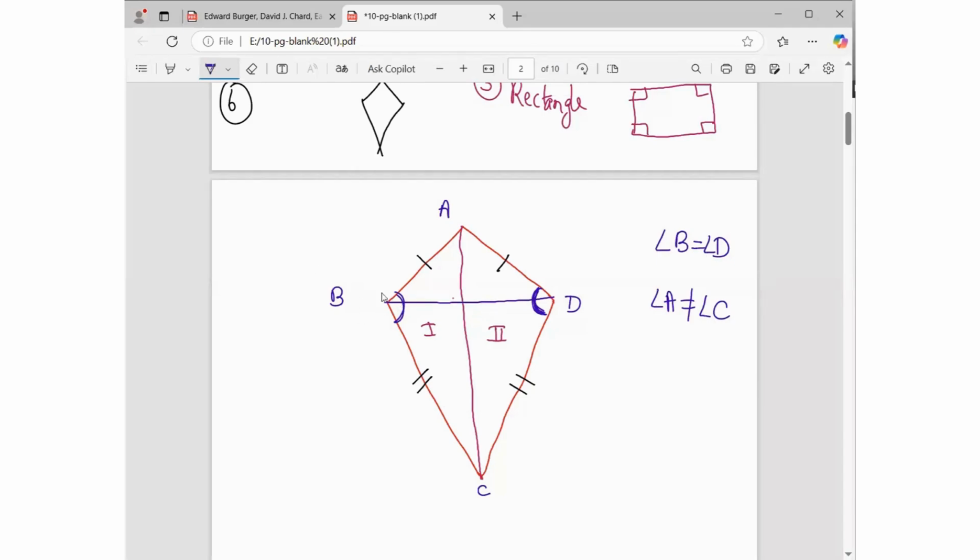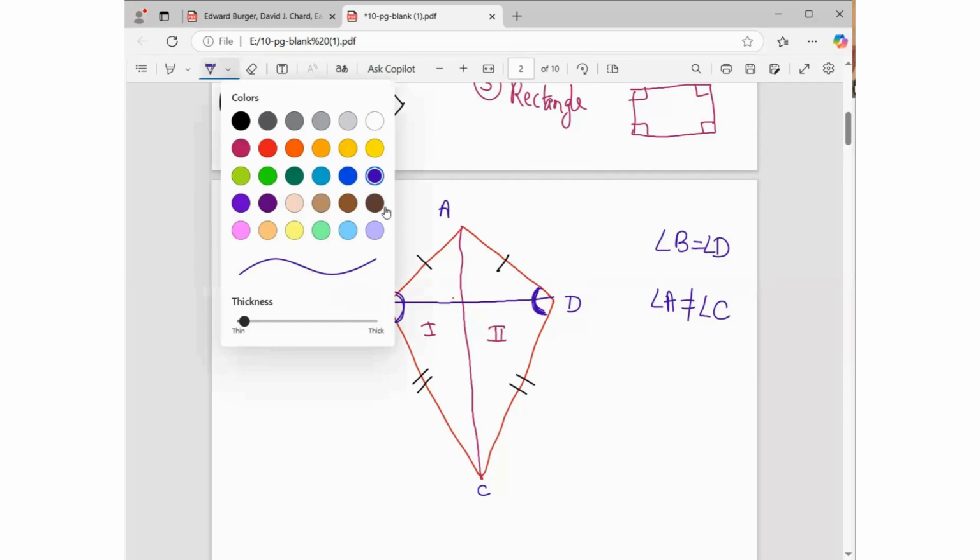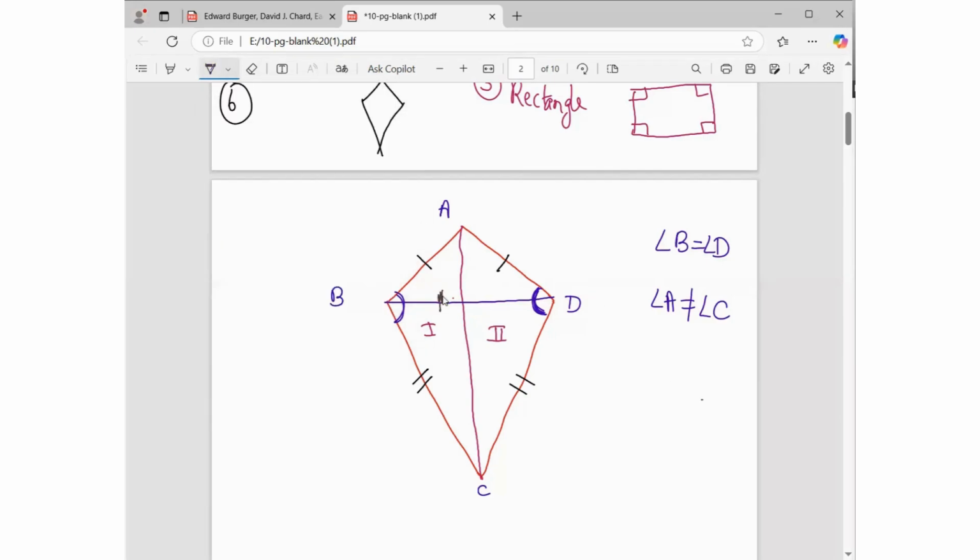And one more point: the diagonals. Diagonals in a parallelogram bisect each other, right? But in a kite, the larger diagonal bisects only the smaller diagonal.